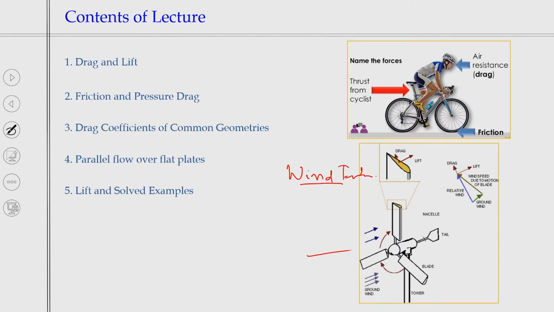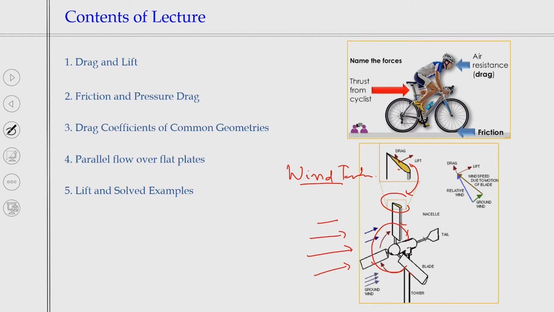If you have this velocity v coming, how to design this blade such a way that we will get high power. If you look at a very small area, it is just like a wing, the aircraft wing, you have drag and lift. Because of these drag and lift forces, it goes to rotating.